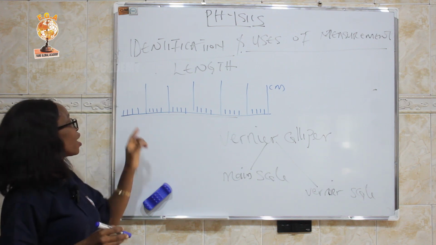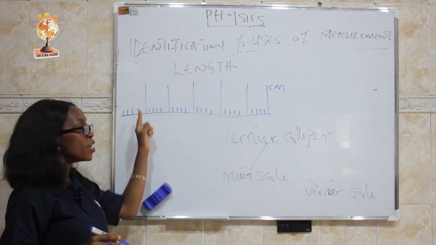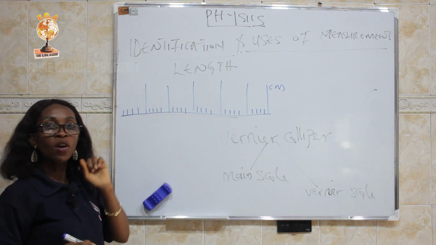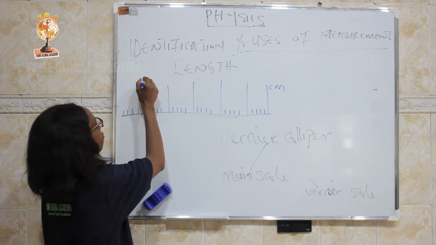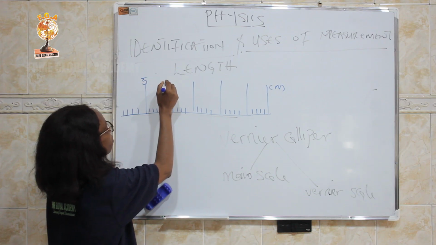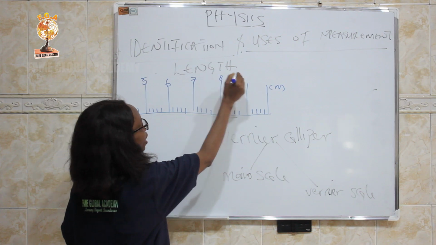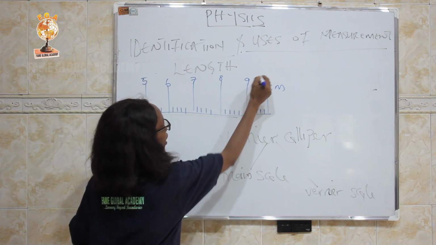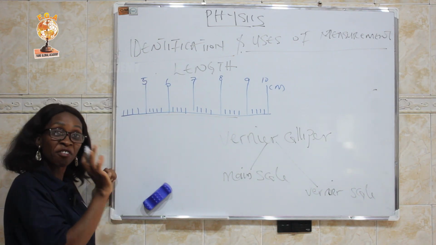I notice that it has 4 small lines before the major line. Now, if I have, let's say, 5 here, and I have 6 here, so that's going to be 7, 8, 9, and 10. Now this is the main scale reading in the vernier caliper.